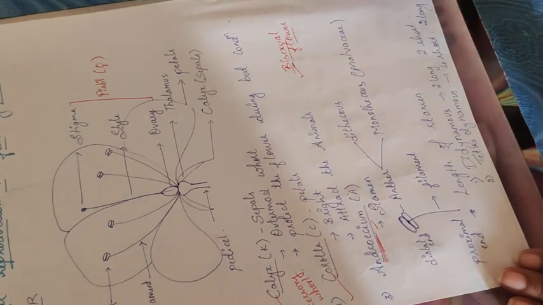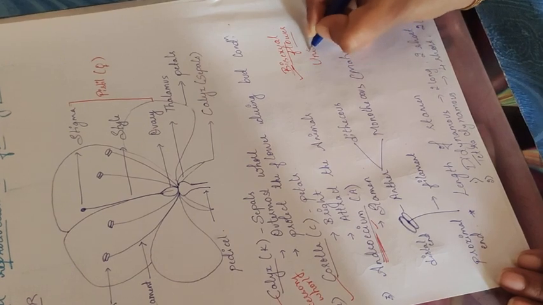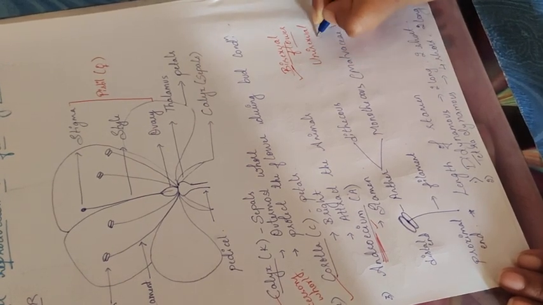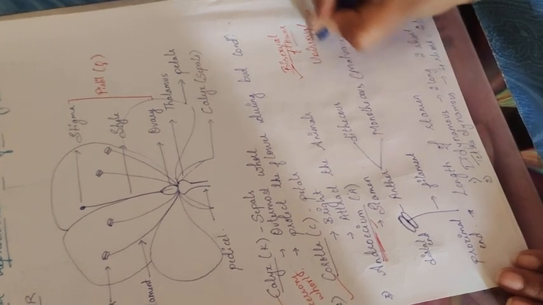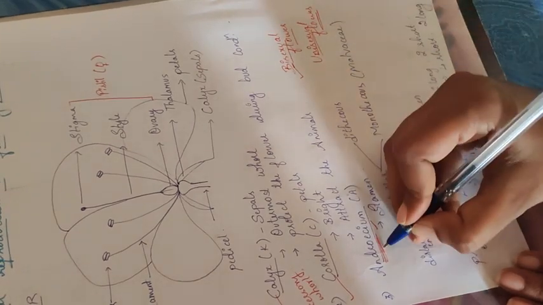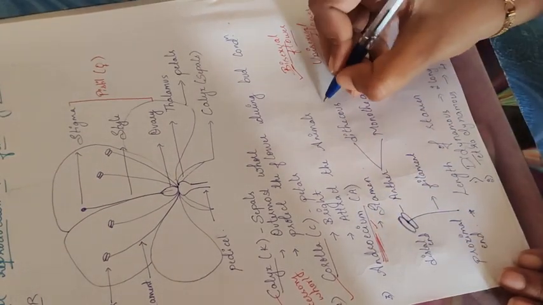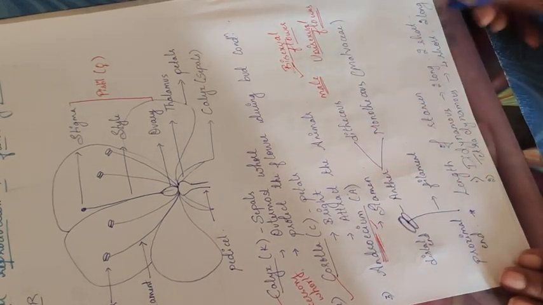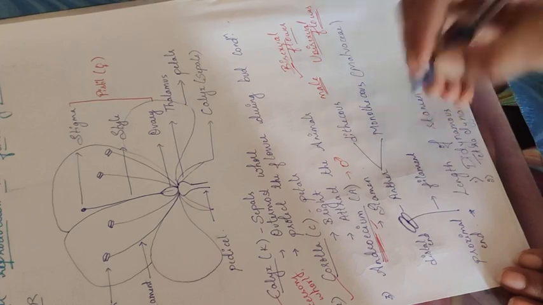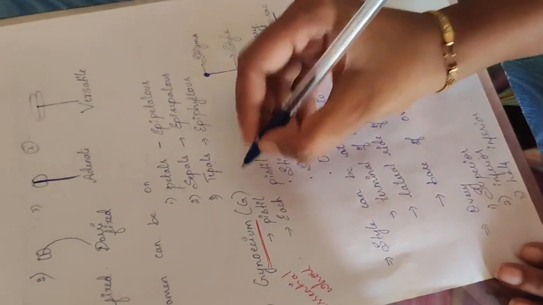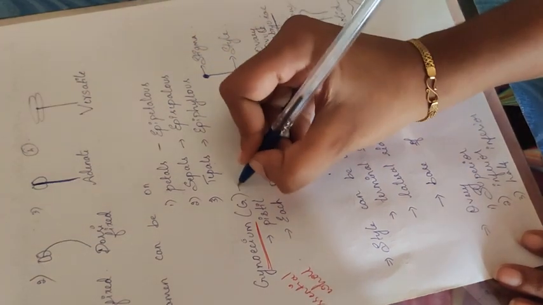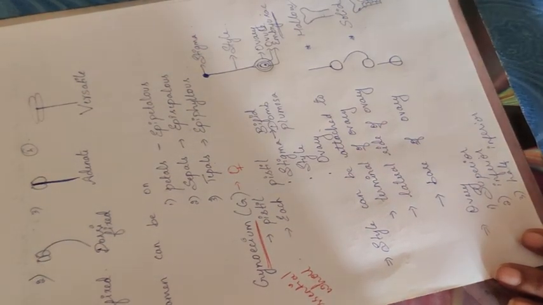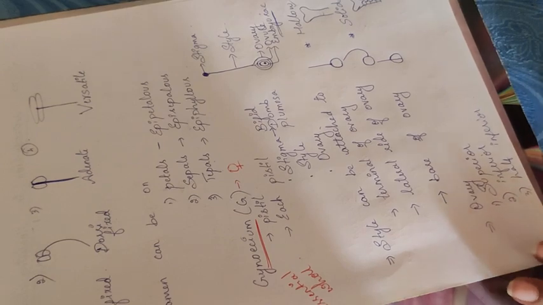If the flower is having only androecium or only gynoecium, you call it as unisexual flower. If it is having only androecium, you call it as the male flower, because androecium is the male reproductive part. If the flower is having only the gynoecium, you call it as the female flower because this is the female reproductive organ. Clear with this?